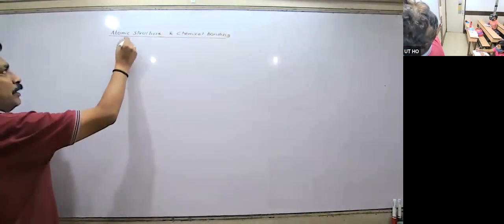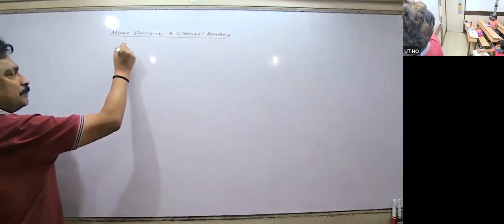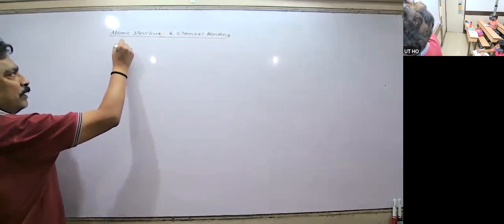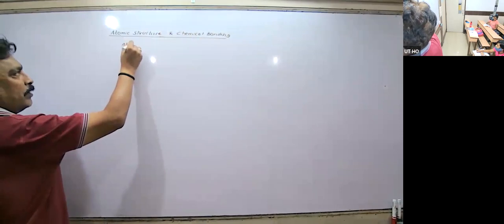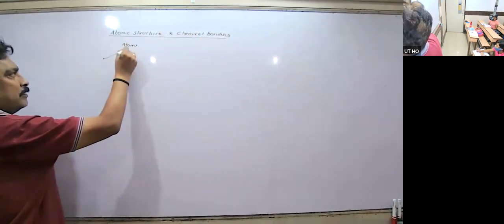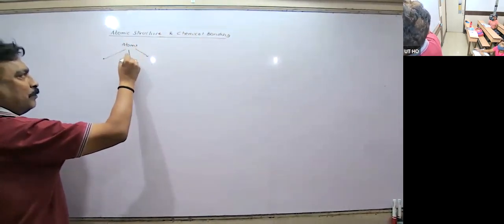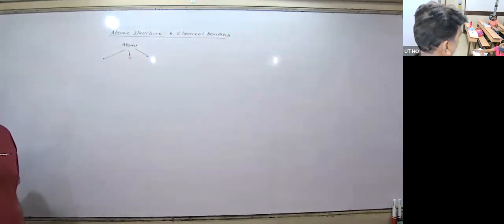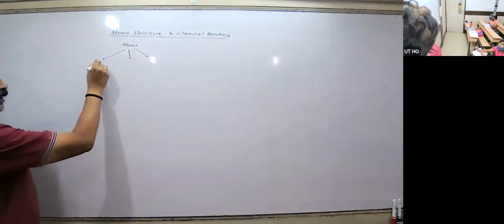The most important thing is that the atom, we know very well, consists of 3 particles: electrons, protons, and neutrons. Scientists saw the birth of 3 important particles.